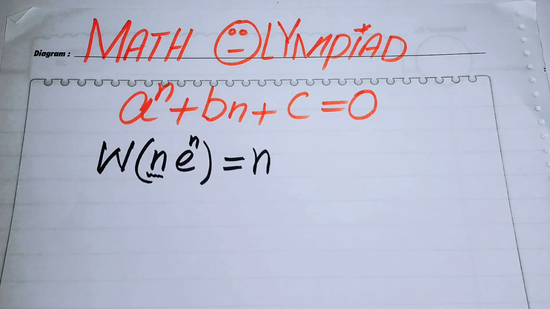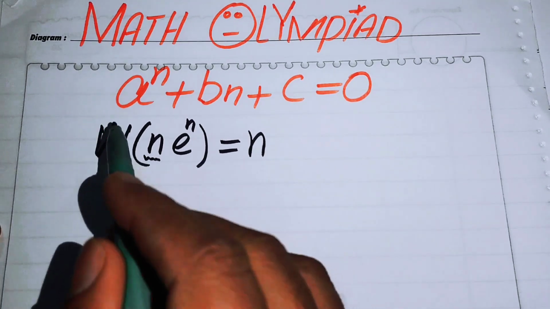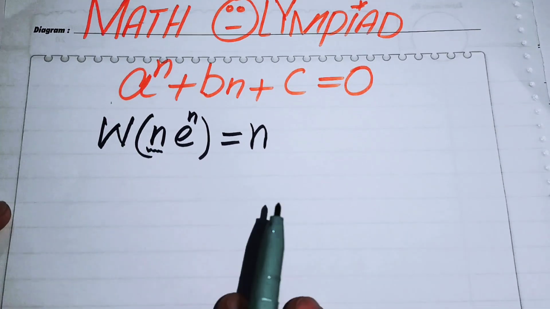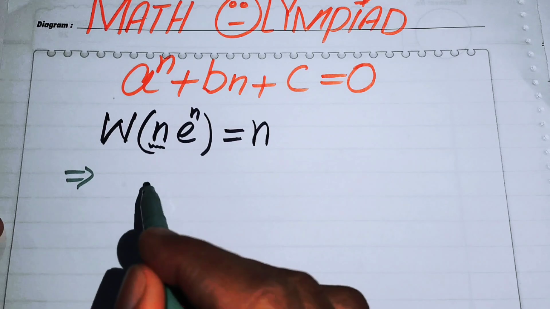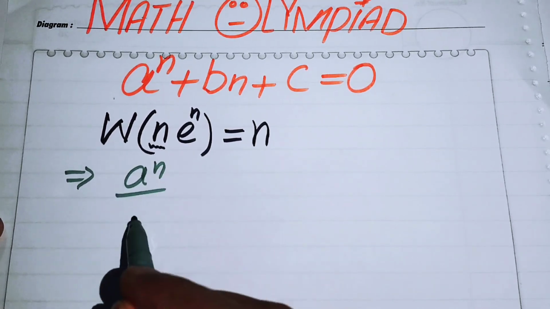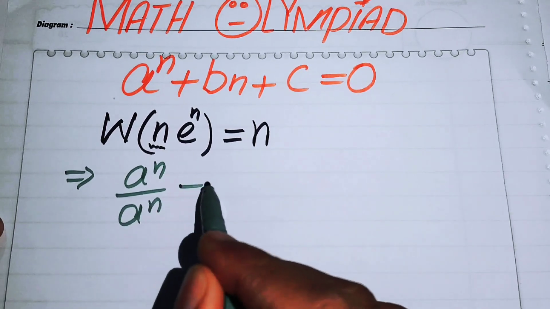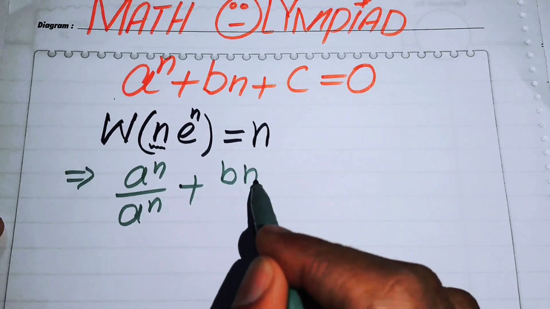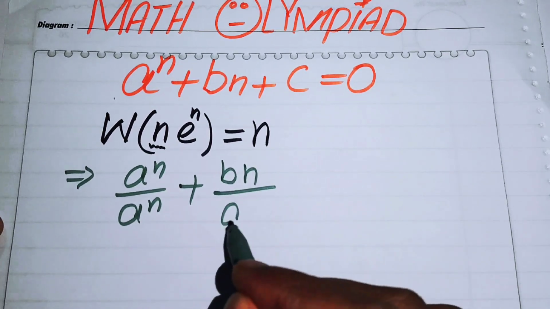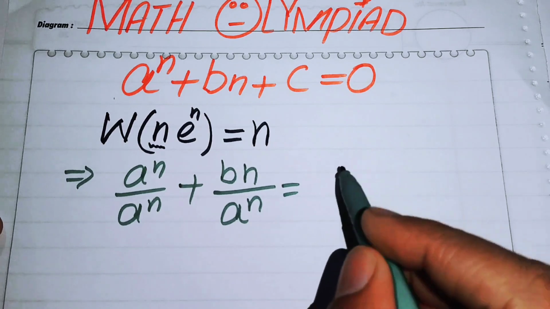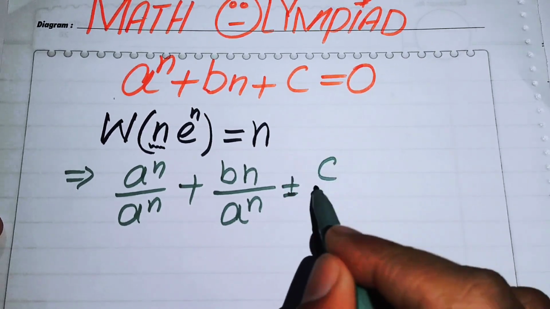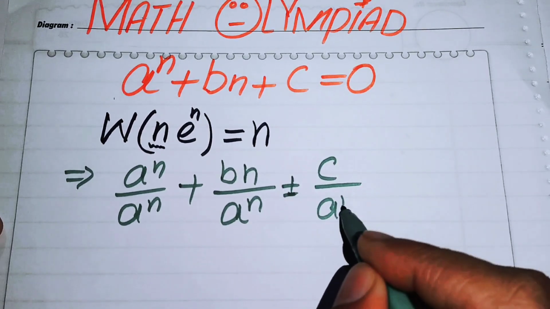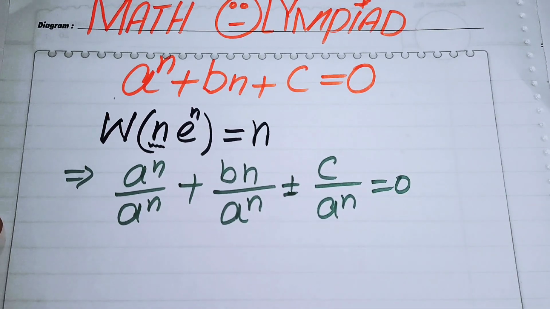So the very first step we are going to do is divide both sides by a to the power of n, and we write its output in this form. We have a to the power of n over a to the power of n, plus bn over a to the power of n, plus c over a to the power of n, equals 0.